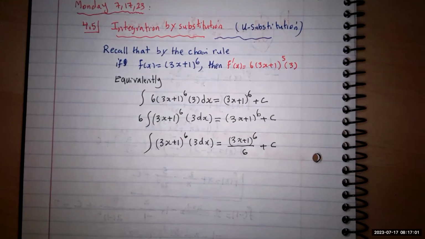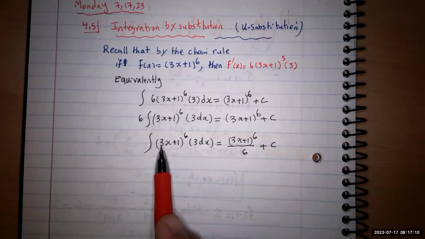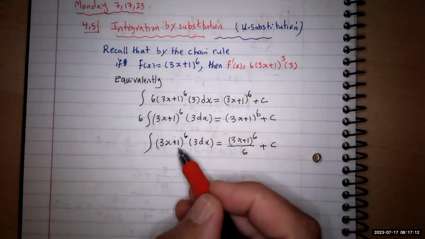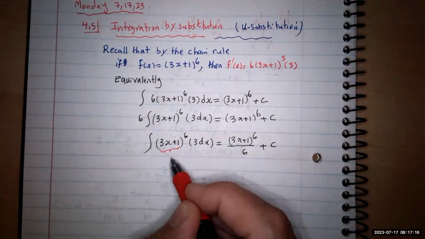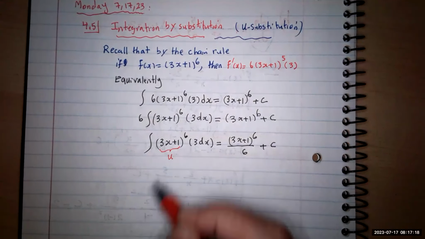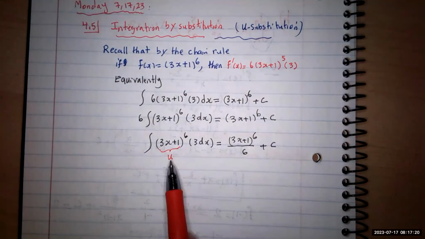So let's see what this one is in the language of the chain rule formula. Remember, in the chain rule, this is going to be the one. If you call 3x plus 1 to be u, this is going to be u. So your u is what? Your u is 3x plus 1. So what's going to be the differential of u?